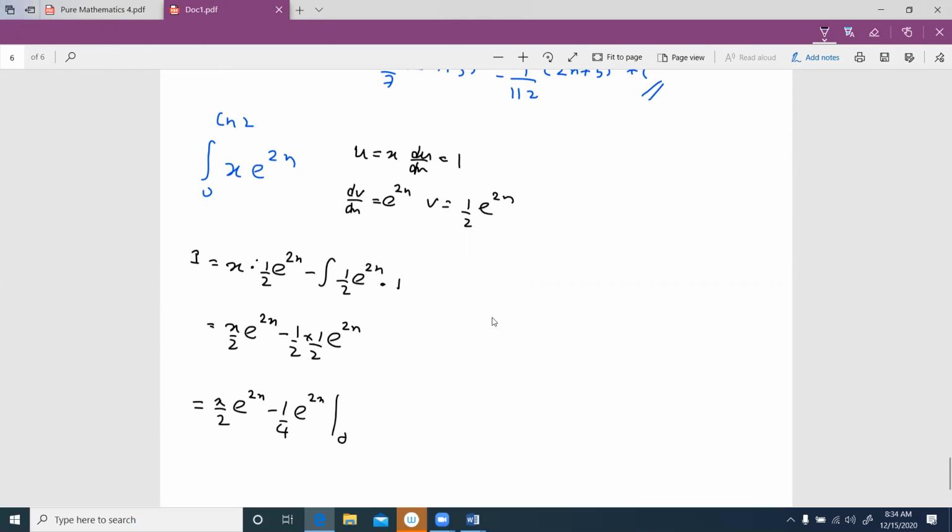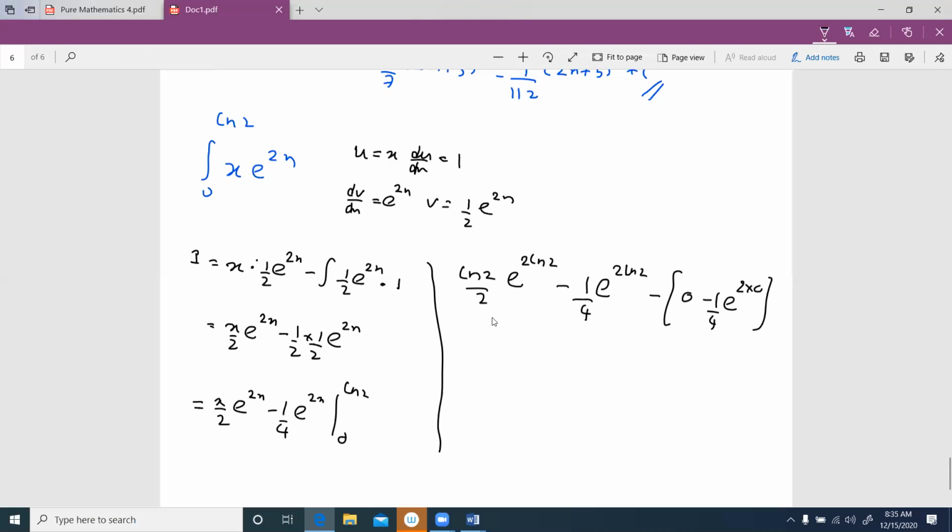Now they have given the range 0 to ln 2, right? Okay. Now I just work out the rest of the part over here. So if you put ln 2, ln 2 over 2 e to the power 2 times ln 2, minus 1 over 4 e to the power 2 times ln 2, minus 0 substitution: first part is 0, minus 1 over 4 e to the power 2 times 0, right? So this turns up into ln 2 over 2.